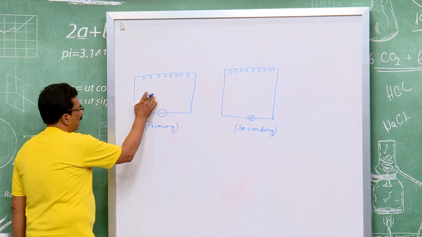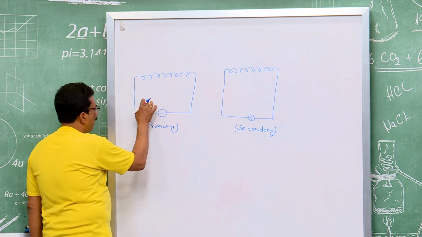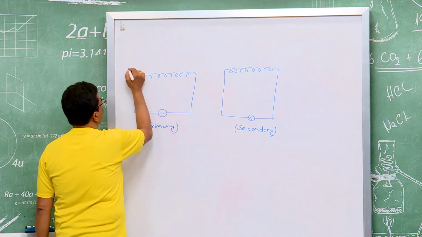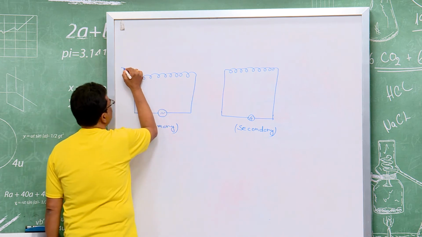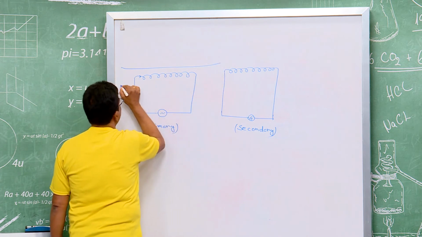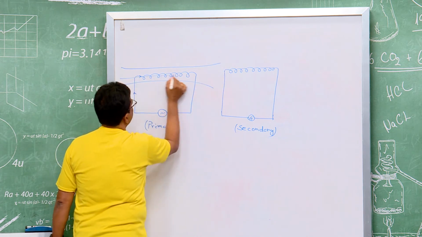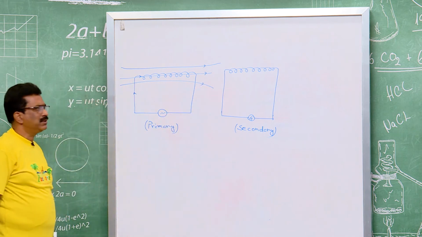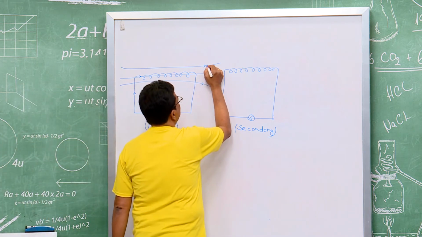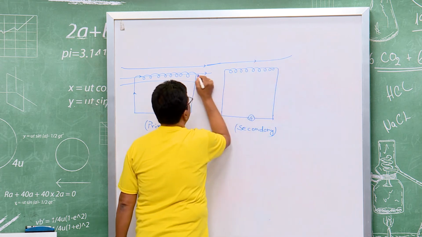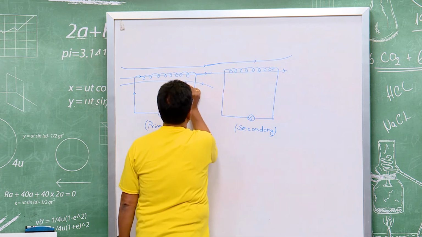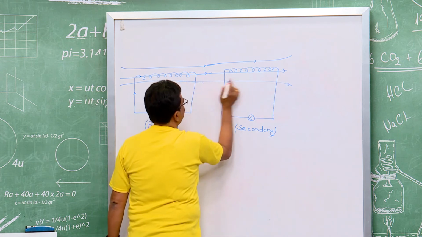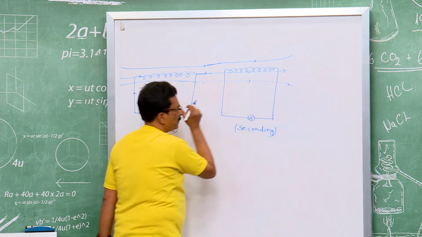This is the first coil, in which we control the flow of current. Due to the flow of current, it produces lines of force, and those lines of force will affect this one.